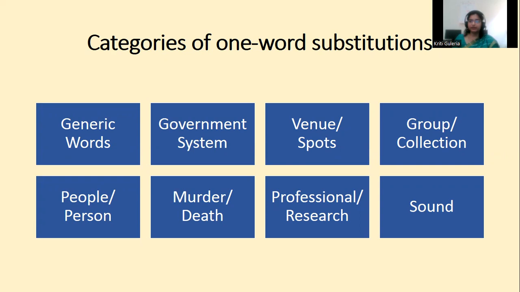Next category is group or collection. Group of people, group of organizations, group of birds, group of animals. Even that group is signified with a name. Next category is people or person. Any person who specializes in, suppose, treatment of teeth, that person is known as a dentist.